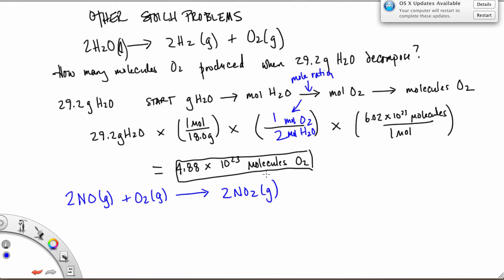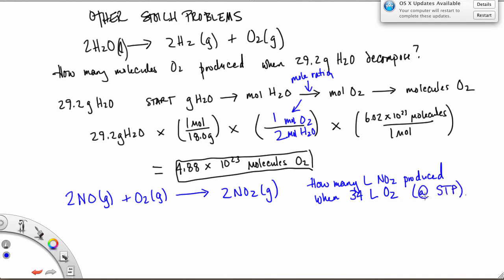What I want to find out is how many liters of nitrogen dioxide are produced when I have 34 liters of oxygen reacting with the nitrogen monoxide. I'm assuming that I'm at STP.